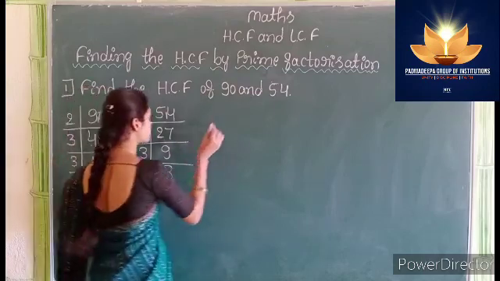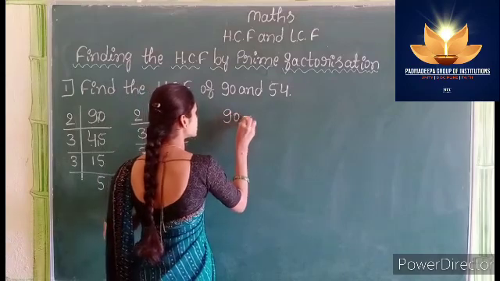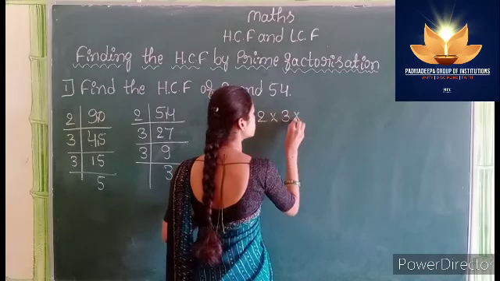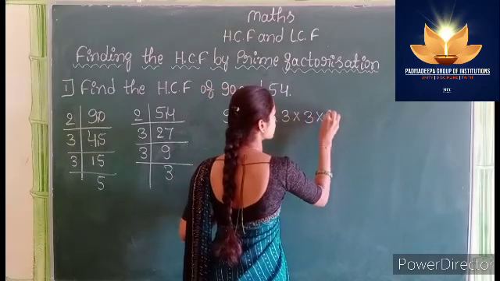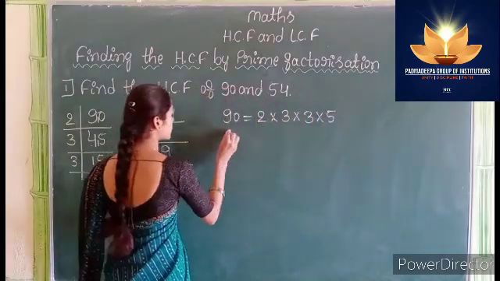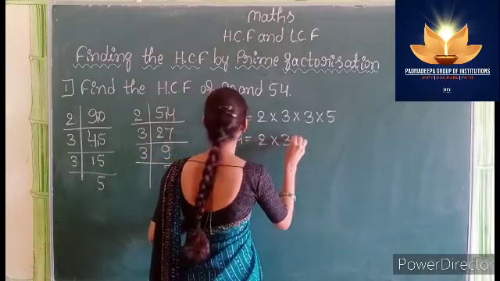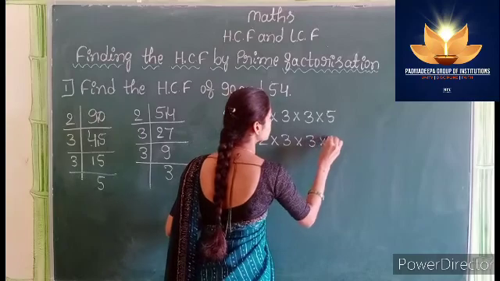So this 90 can be written as 90 is equal to 2 into 3 into 3 into 5. Then 54 is 2 into 3 into 3 into 3.